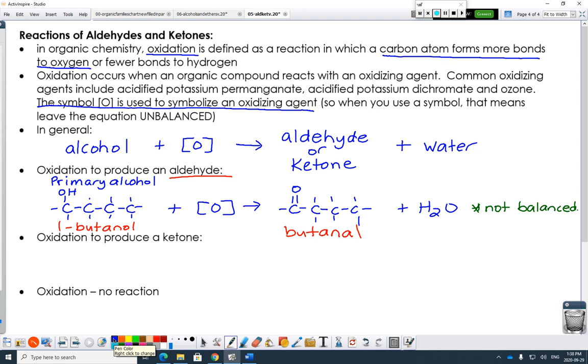So now for a ketone, you're going to use a secondary alcohol. I'll stick to what was in the example, so we did 2-butanol. It doesn't have to be on number 2, but I'll keep it with the same one we did before.